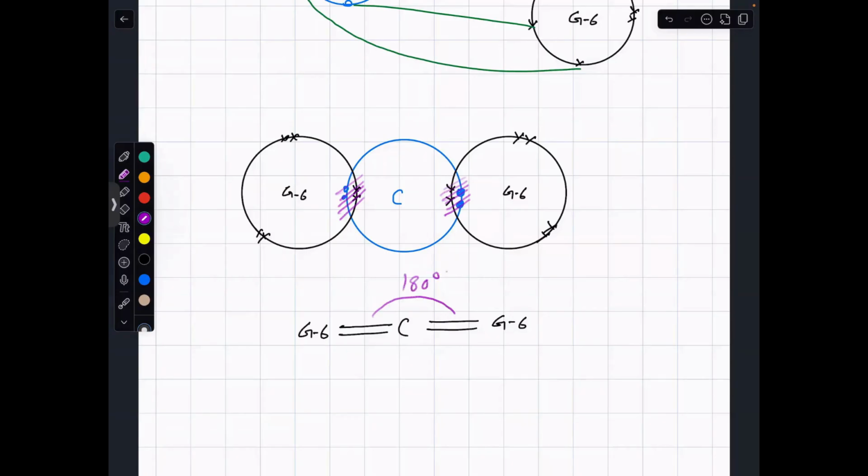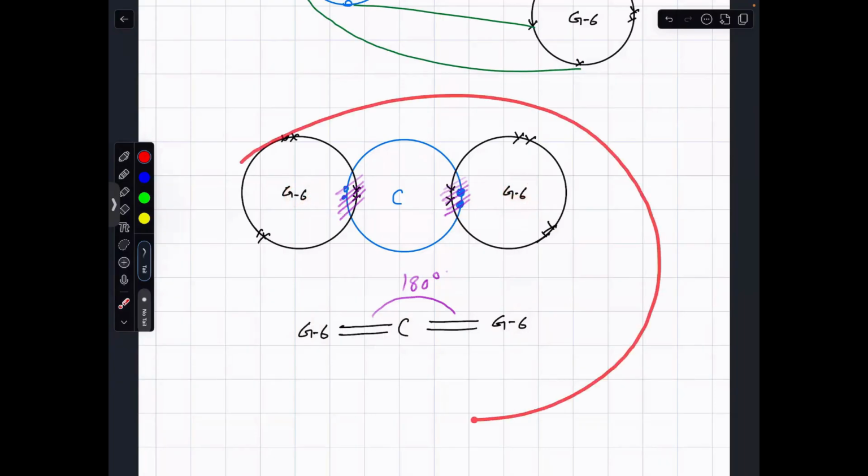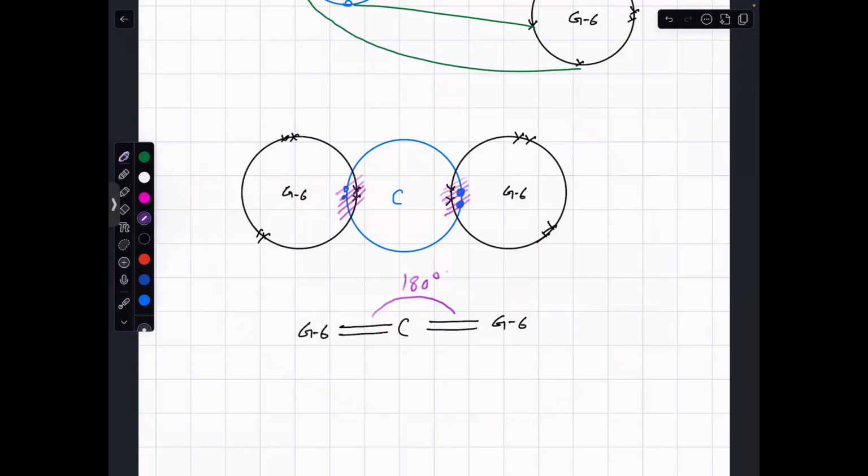You know, you can put oxygen here. It becomes what? Carbon dioxide. If you put sulfur here, it becomes what? Carbon disulfide. If you put one oxygen and one sulfur, it becomes what? OCS. Yes, they exist. There are questions in your past papers that ask you to draw the dot and cross of carbon dioxide, carbon disulfide, and OCS.